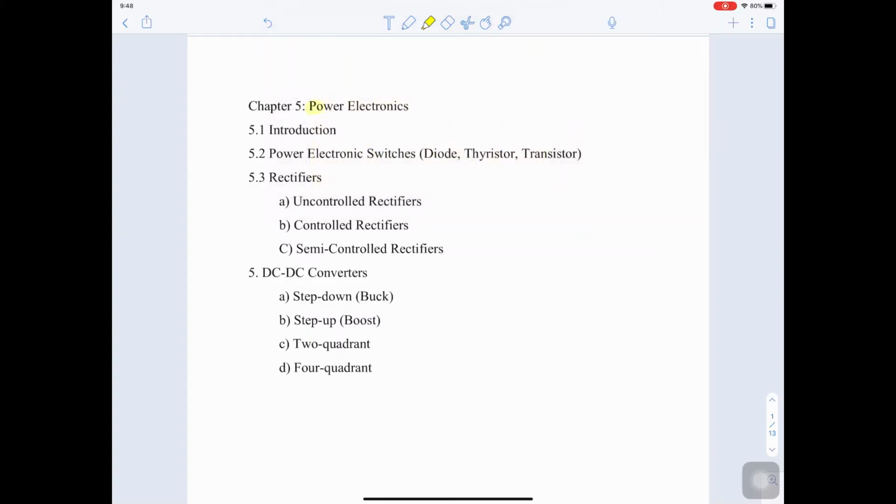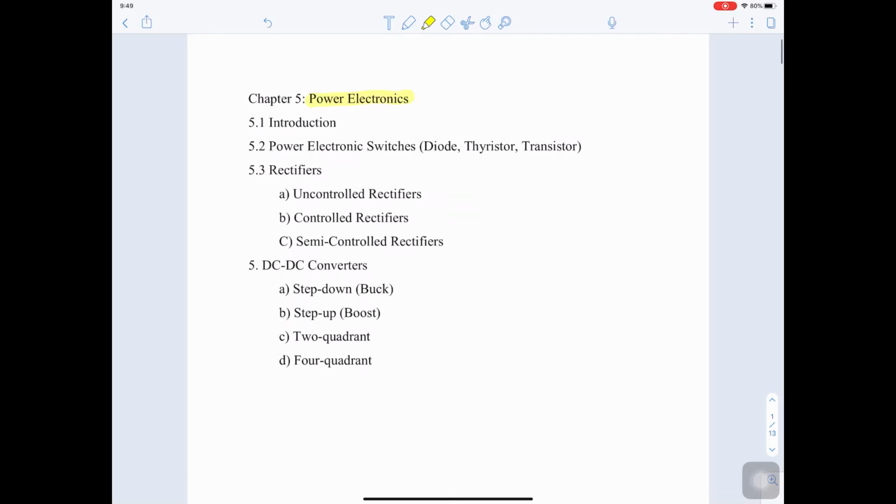Continue with power electronics. For power electronics, we will start with a quick summary of what we did last lecture. Then we will continue. We covered so far the introduction and the first semiconductor switch, the diode, and we discussed that the diode is uncontrolled.